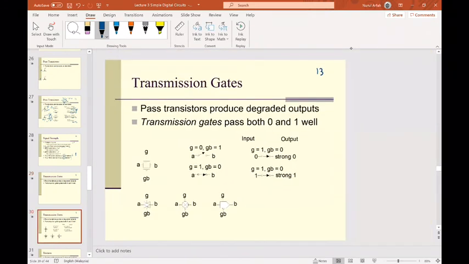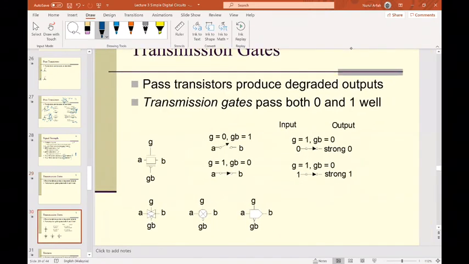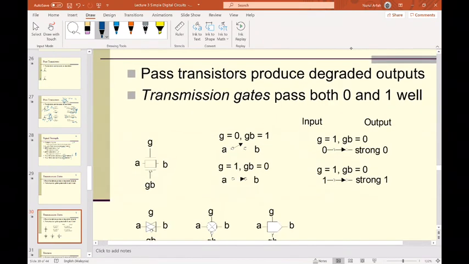We have the NMOS and PMOS combined together and put in parallel, and we have the source and drain, or the A and B here, and G is the gate, and GB is G bar. G bar means the negation of G.